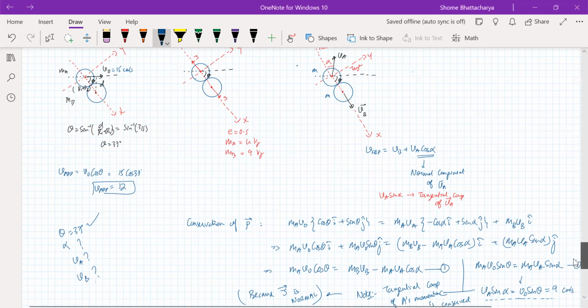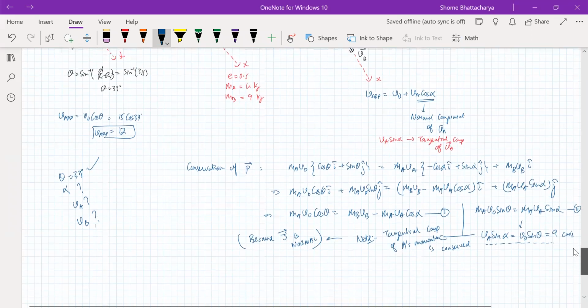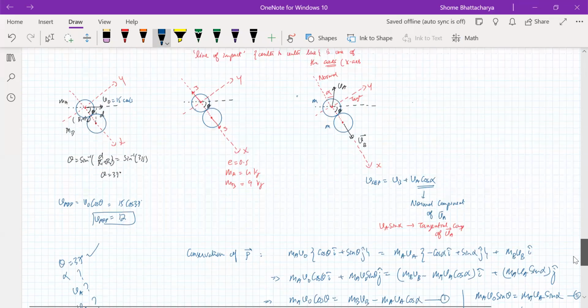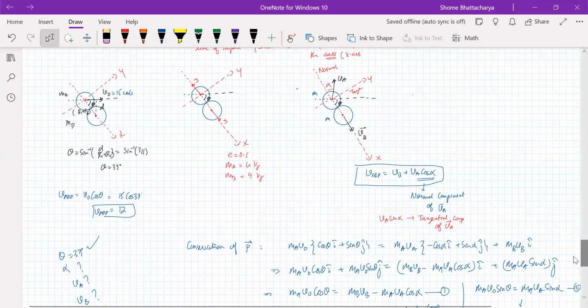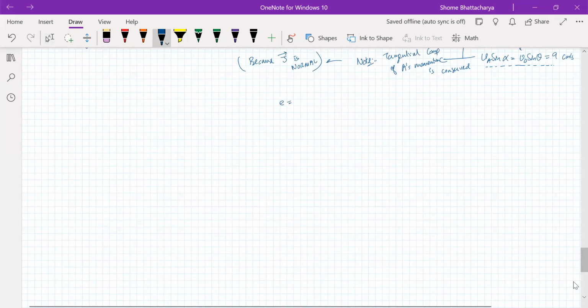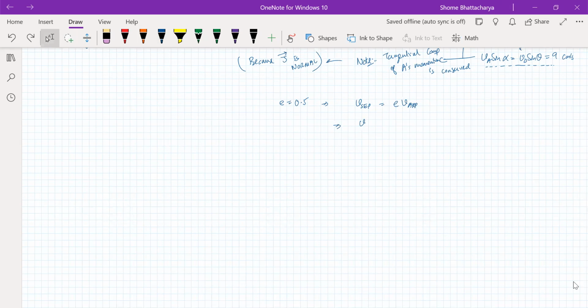Now let's see, we also have the coefficient of restitution equation. Separation velocity, remember, is this, and the coefficient of restitution is 0.5. So additionally, we have e equal to 0.5. It means that separation velocity should be equal to, okay, separation velocity here was VB plus VA cos alpha.